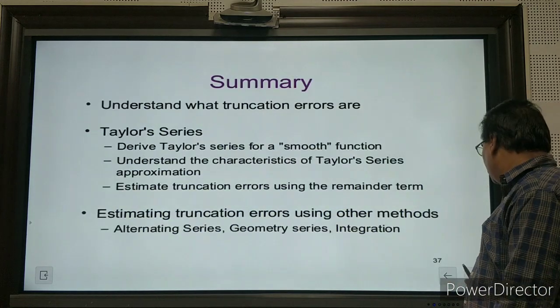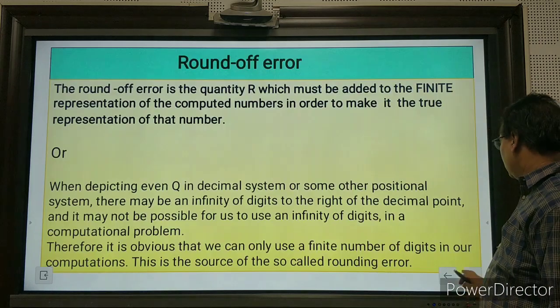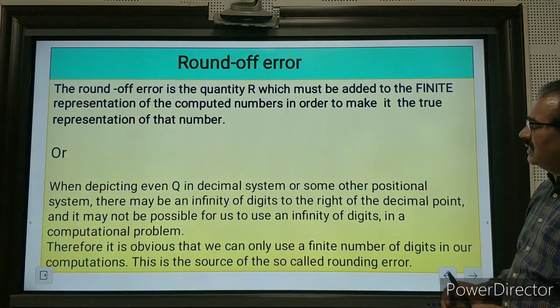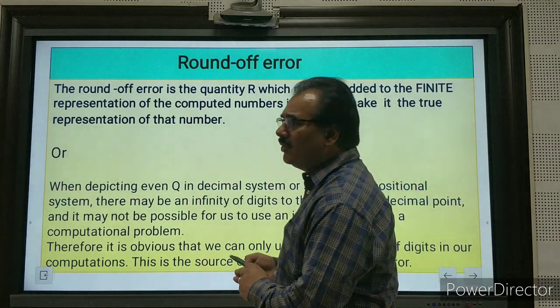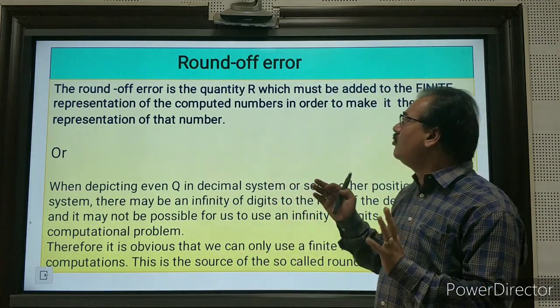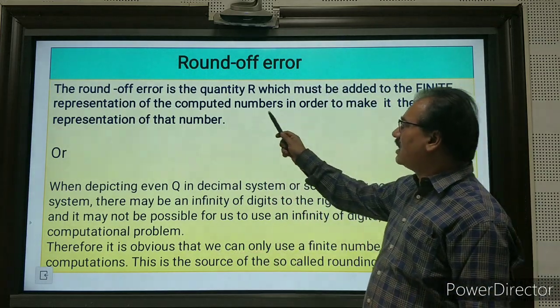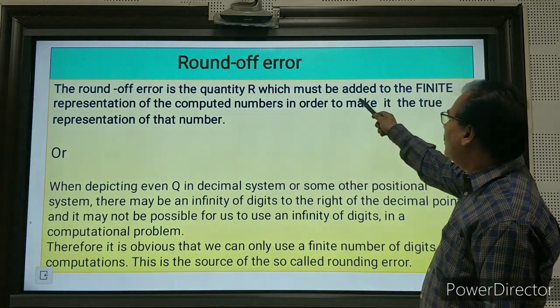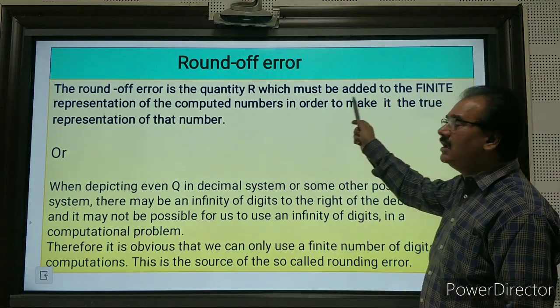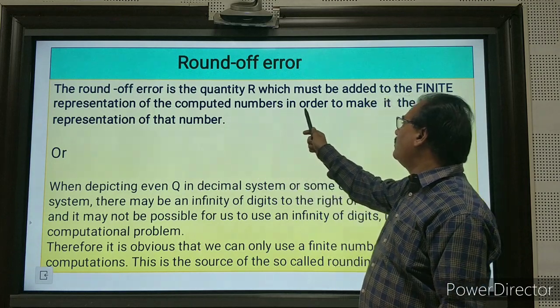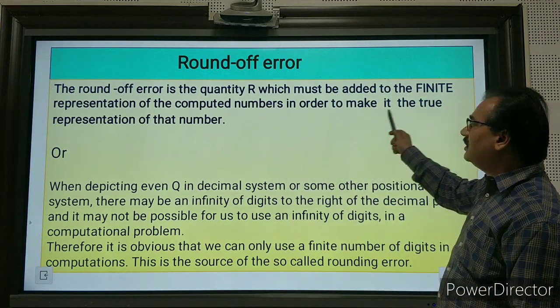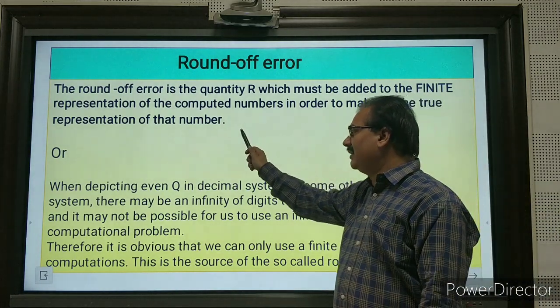Now after this truncation error, we have to address very quickly the round off error. So what is the round off error? The round off error is a quantity capital R which must be added to the finite representation of the computed number in order to make it the true representation of that number.